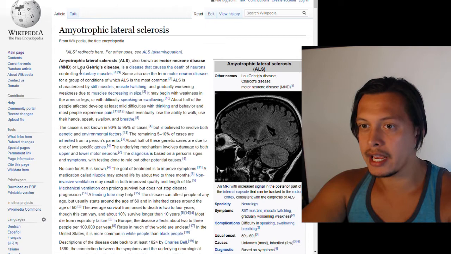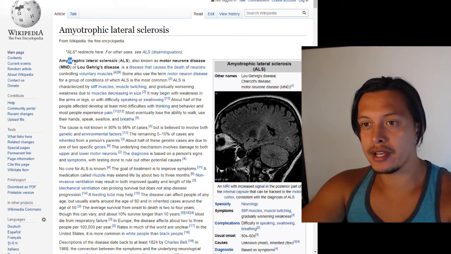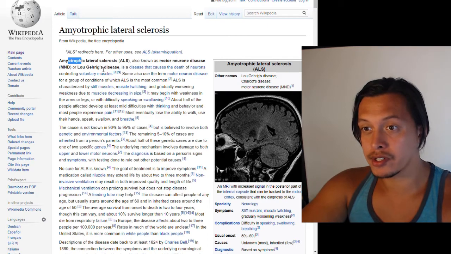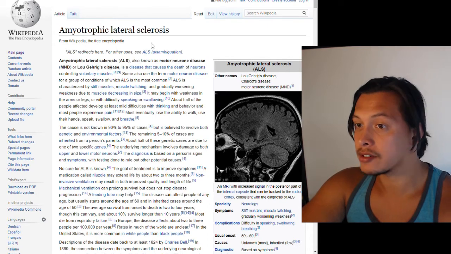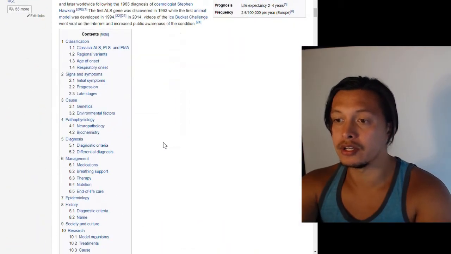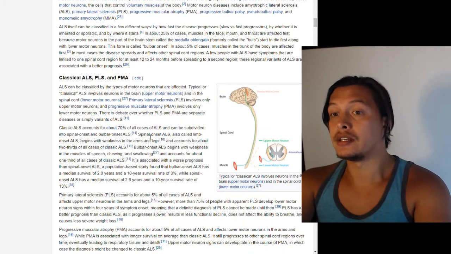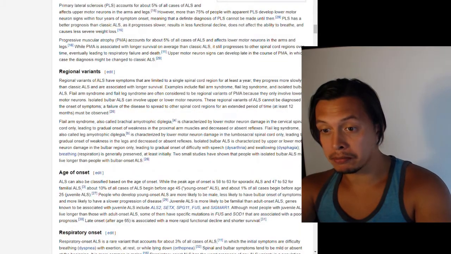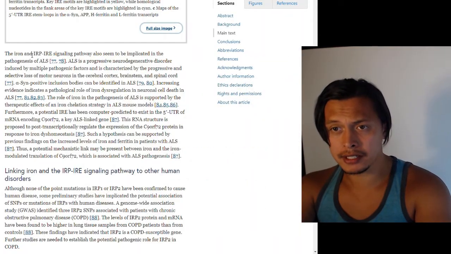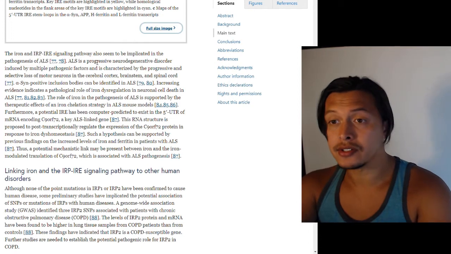Okay, so ALS, amyotrophic lateral sclerosis, or Lou Gehrig's disease, and this is extremely debilitating. It's very disheartening to see this happen to people. But the iron and IRP-IRE signaling pathway also seems to be implicated in the pathogenesis of Lou Gehrig's disease.